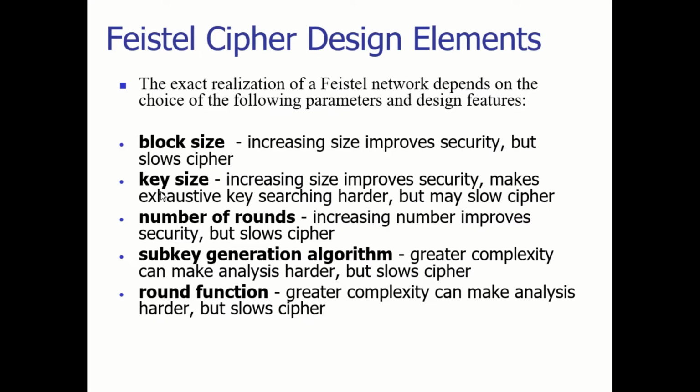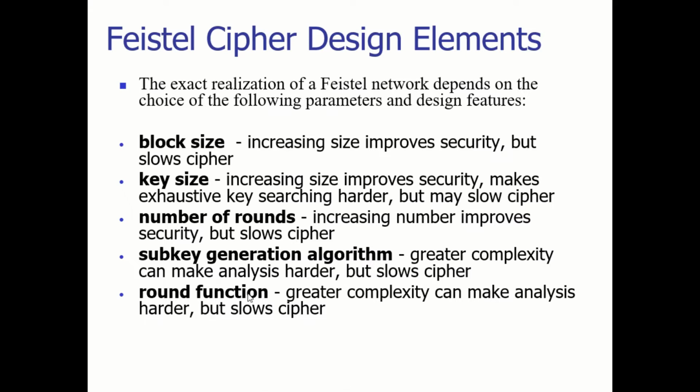This key size, again we have to change its value for each and every round. Then the number of rounds shows how many rounds we have for a given Feistel structure, right? Then the sub-key generation algorithm, on the basis of this algorithm we generate the key for each and every round.